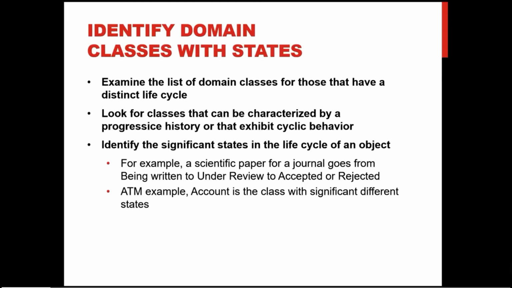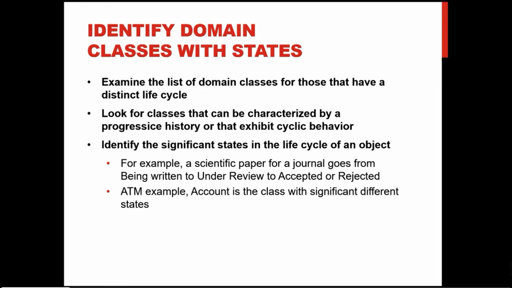So the first step of building the domain state model is finding classes with states. It means that not all classes have different states. In the domain class model, there are many classes found, but only several classes have distinct states.